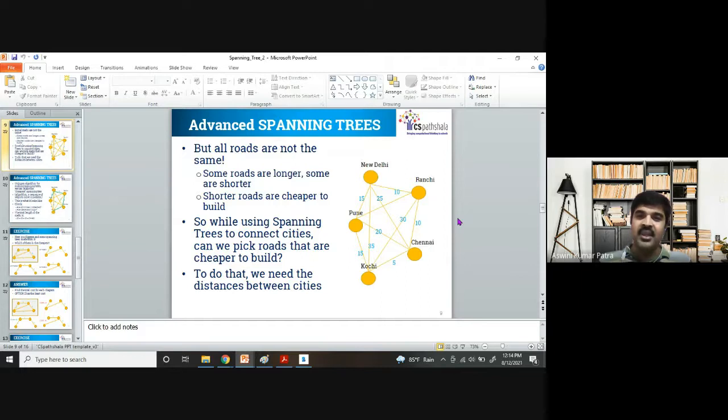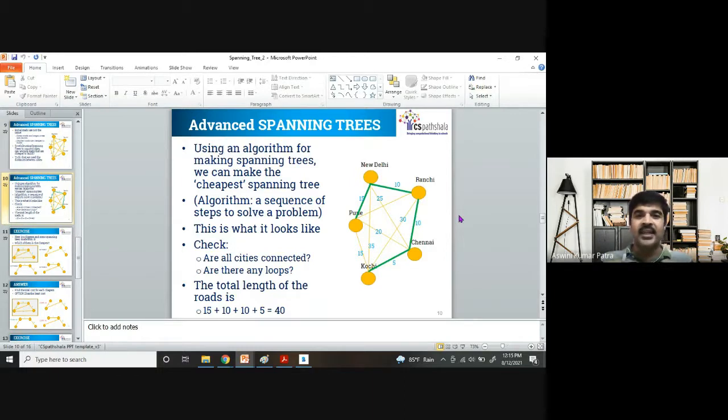You know, if the road is shorter, of course, to build the road we incur less cost. So while using spanning trees to connect cities, can we pick up those roads that are cheaper to build? Okay, to do that we need the distances between cities.